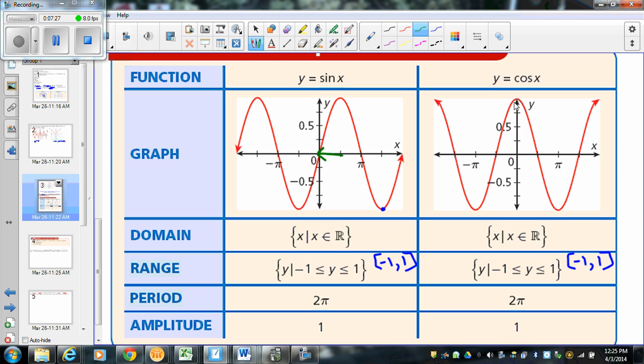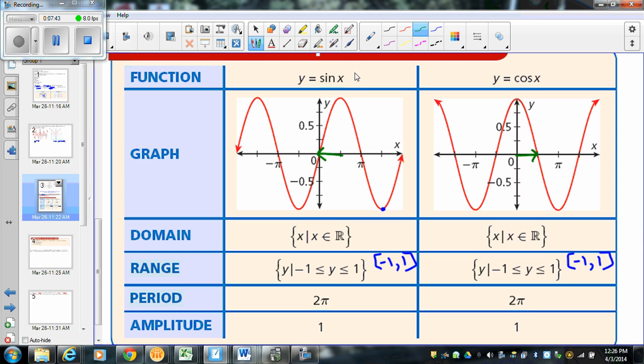Do you see that? Similarly, if I take the cosine graph and I slide it to the right, that same amount, then I end up with the sine graph. Shifting it that far to the left in this case would be shifting it left pi over 2.